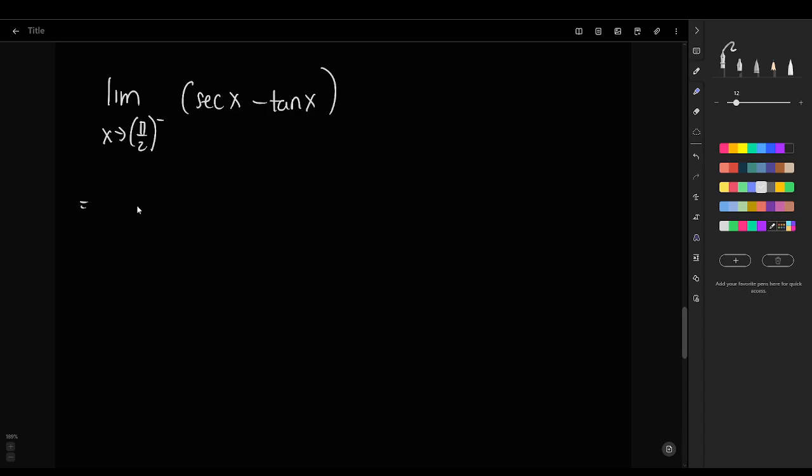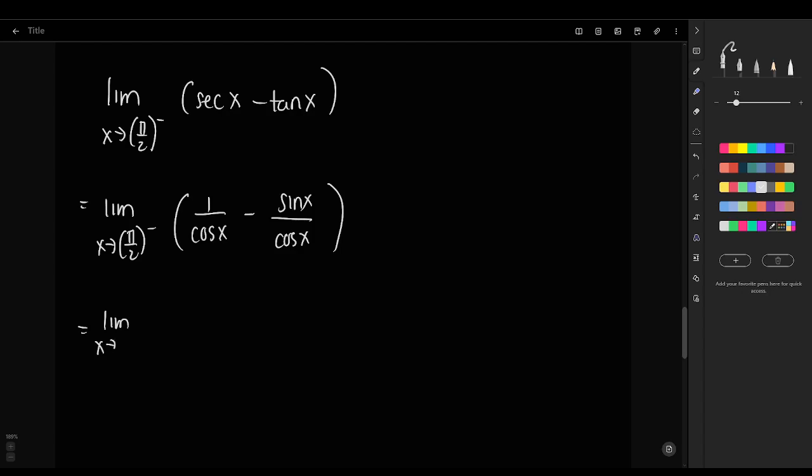So this is equivalent to the limit as x approaches pi over 2 from the negative side. Again, this is 1 over cosine of x minus sine of x all over cosine of x. We could combine this one, so common denominator: 1 minus sine of x.